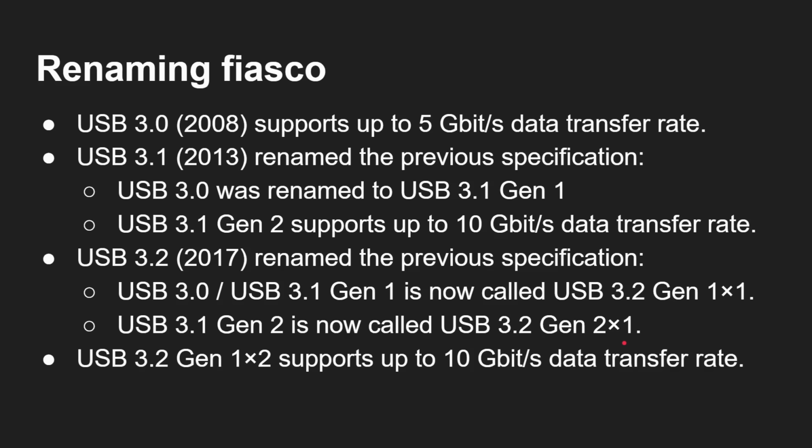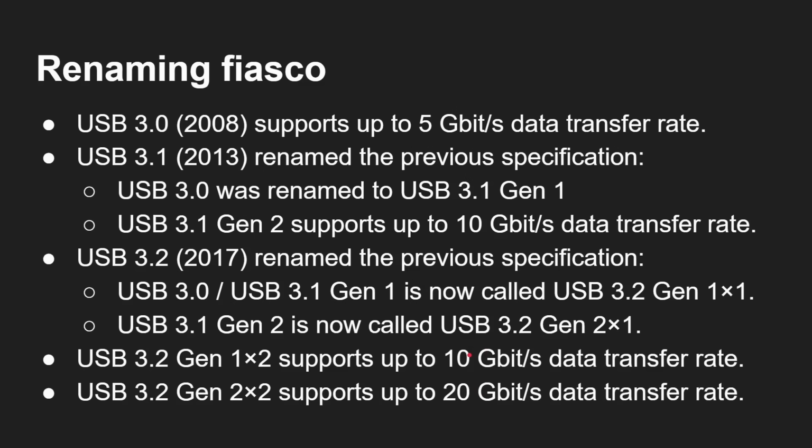And then we have some new stuff. We get USB 3.2 Gen 1 X2, which supports 10 gigabits a second. We'll talk more about how that works in a second. And then finally you get USB 3.2 Gen 2 X2, which now supports 20 gigabits a second. Did I say gigabytes a second? Then I meant to say gigabits.